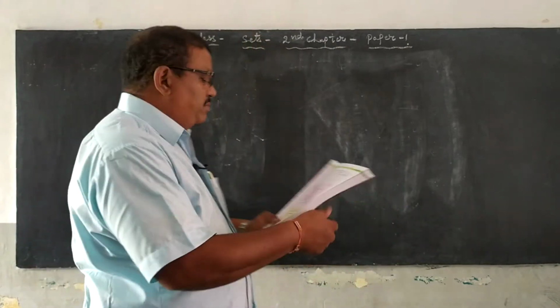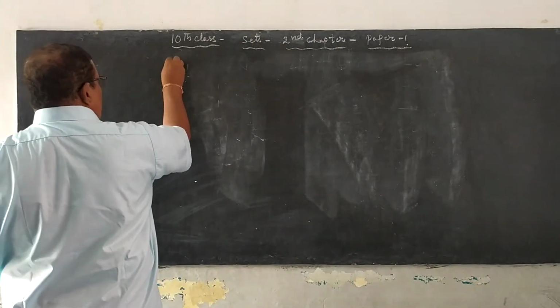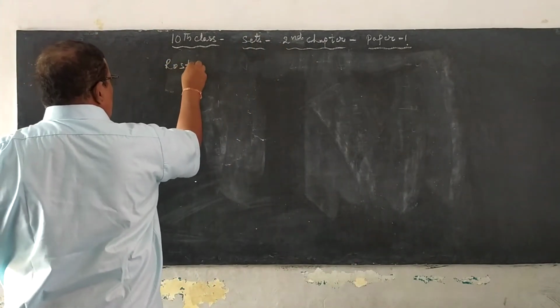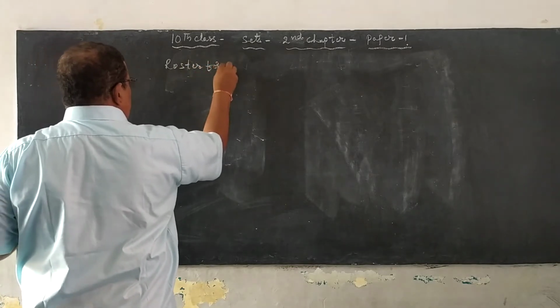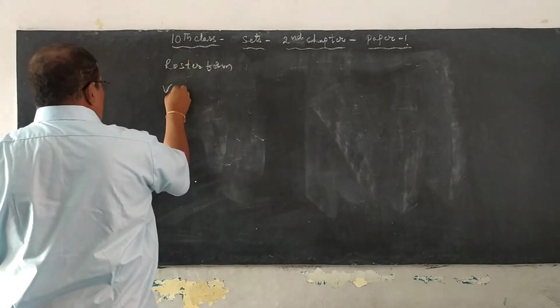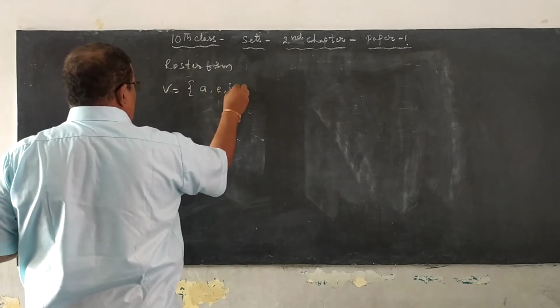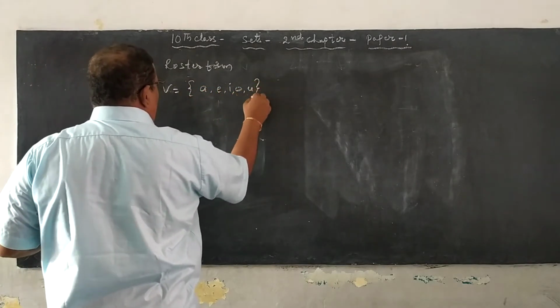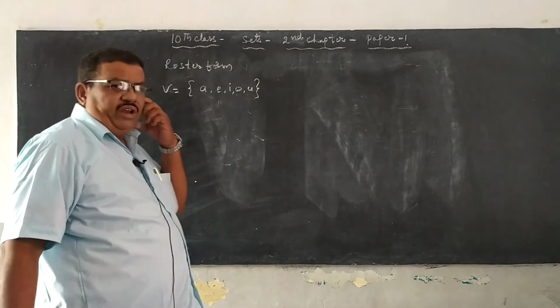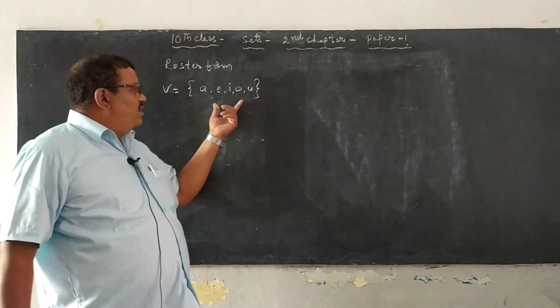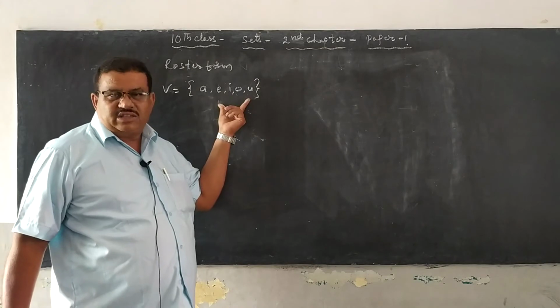So roster form, V equal to A, E, I, O, U. What are these letters? You clearly know that these are all the set of vowels in the English alphabet.